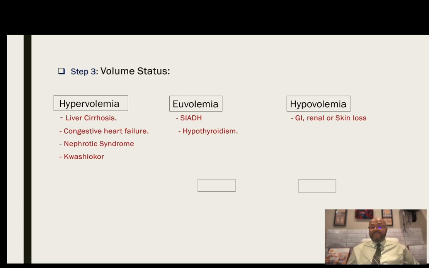Again, for the hypervolemic patients, I think liver cirrhosis, congestive heart failure, nephrotic syndrome, severe protein malnutrition, where the patients are swollen like kwashiorkor in underdeveloped or developing countries. So these people can have hyponatremia, and most times there is some ADH response.